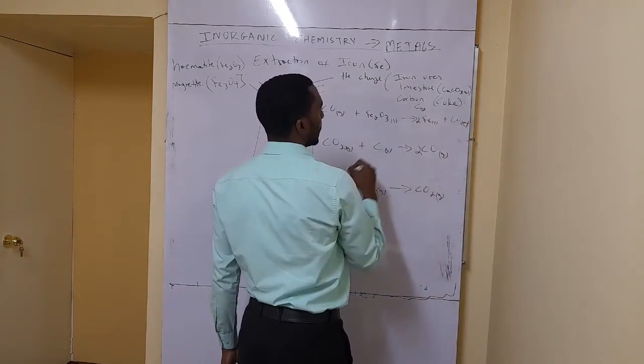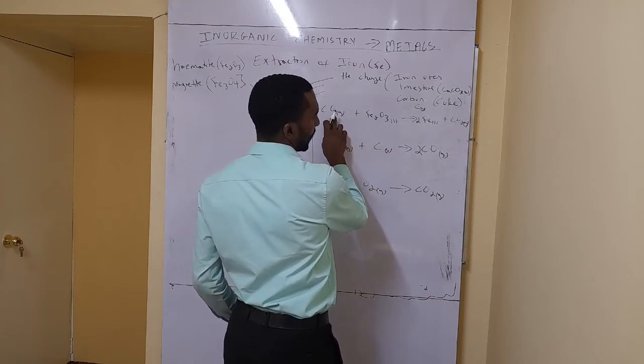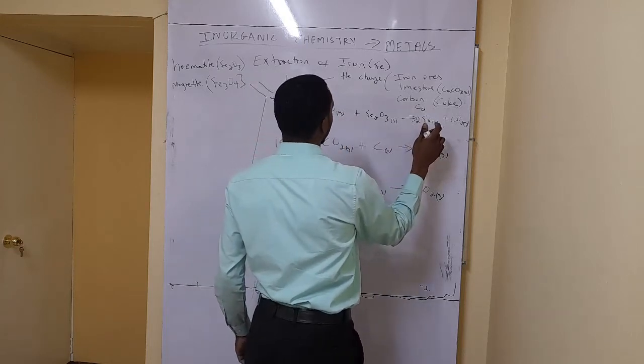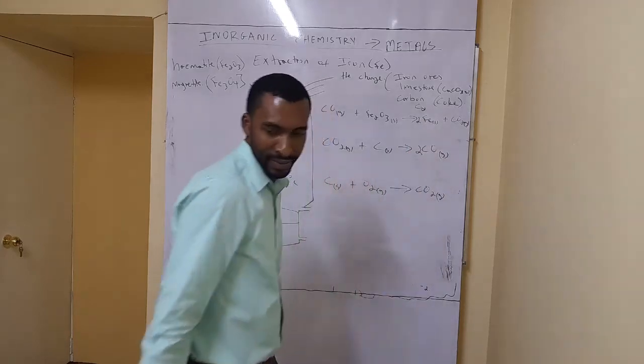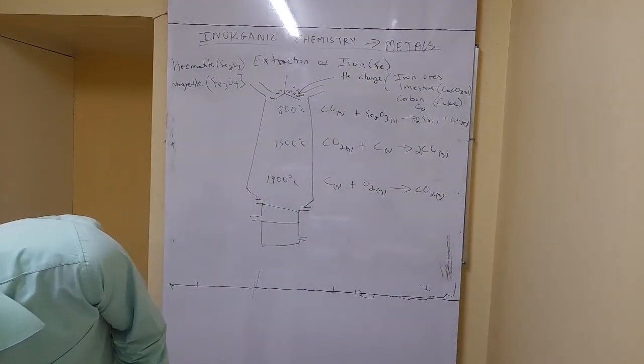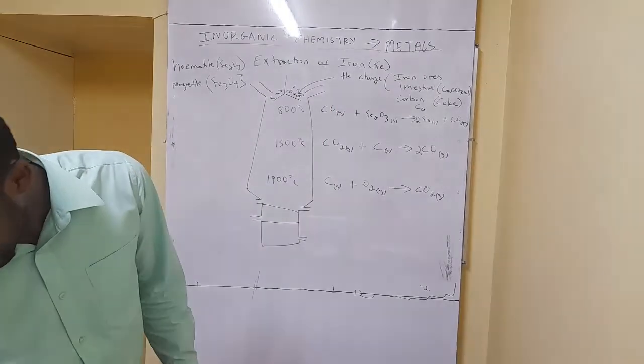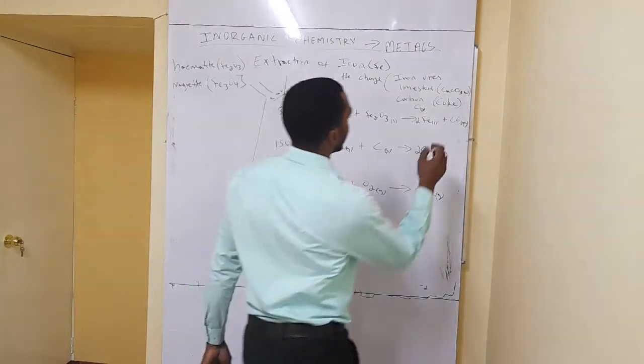So put 2 there, 3, 4. 2 at the front, and the carbon, 3 in front of the CO2.